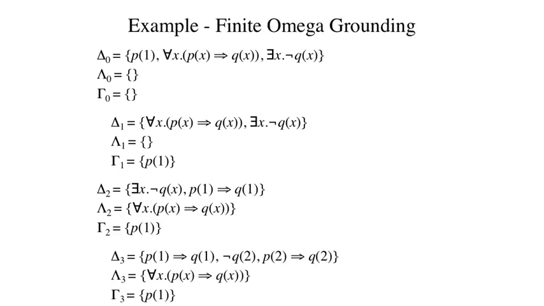Next, we focus on the existential sentence. We drop the sentence from delta and add an instance in its place. Here we have replaced the existential variable with the previously unused constant 2. We also use 2 in another instantiation of the quantified sentence in lambda.